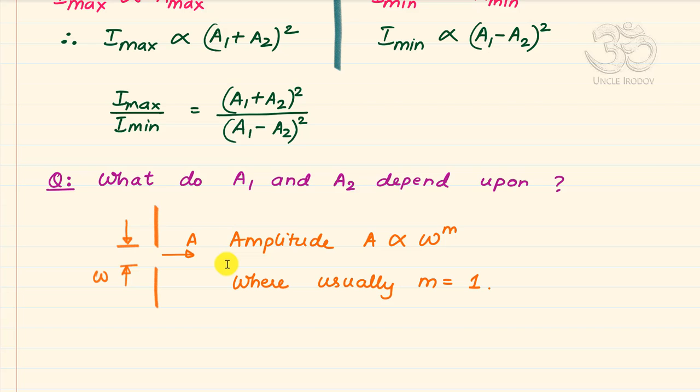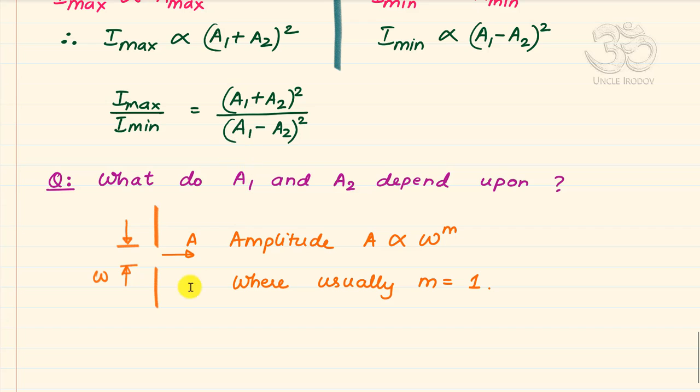So if they have specified what that M is, fine. If they have not specified, you just take amplitude to be proportional to width. And you say if I double the width, the amplitude going through is also doubled. So that means the intensity going through becomes 4 times. The total energy going through also becomes 4 times. So please keep that in mind.